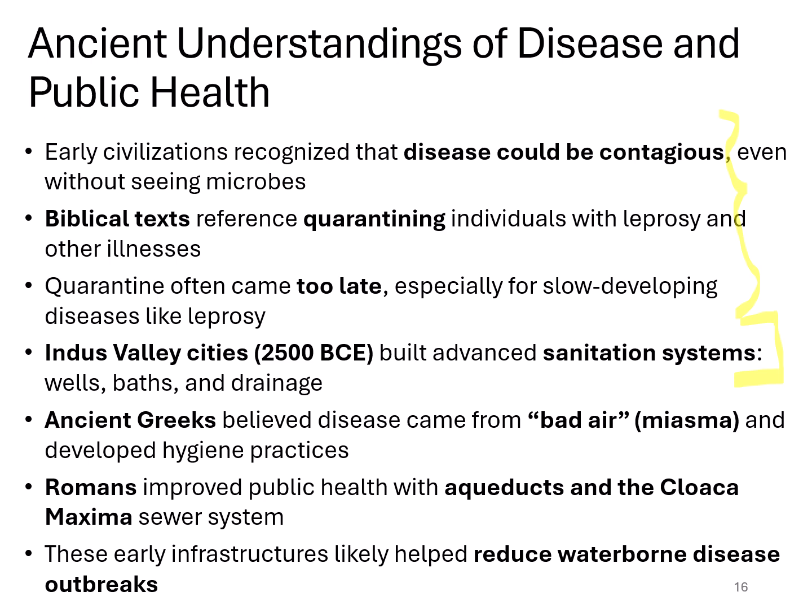And then the Romans also had their aqueducts, as well as the Cloaca Maxima sewer system you'll see a picture of in the book. Even the ancient Greeks, there's evidence that they understood something that could be in the air to spread disease, and they called that miasma. So these early structures and infrastructures probably helped reduce waterborne diseases and outbreaks within these civilizations.